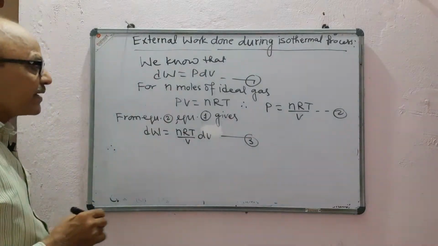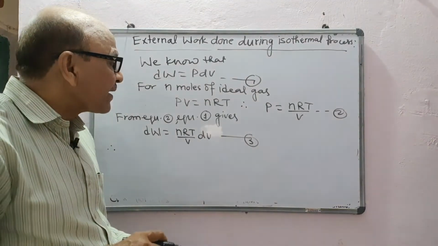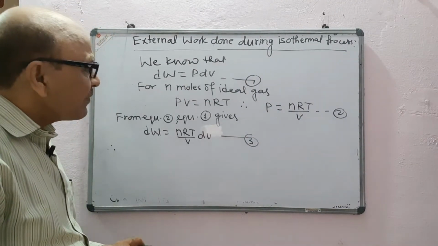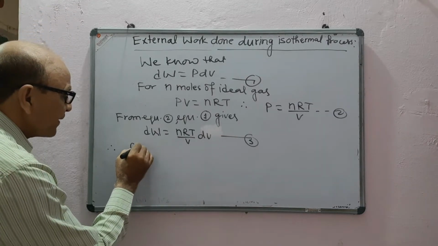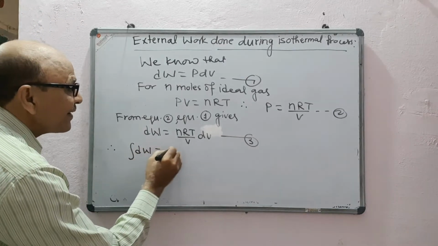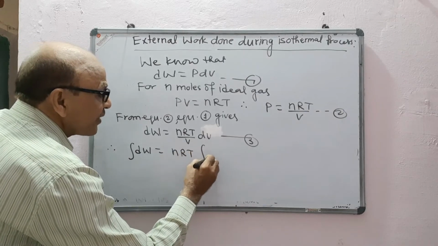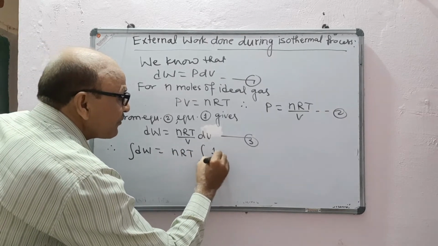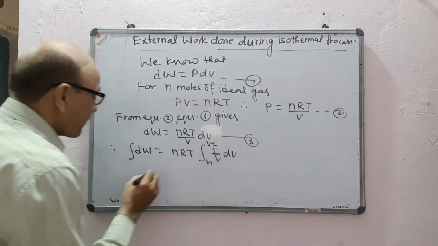Therefore, total work done will be the integration of equation 3 from volume V1 to V2. That is, W will be equal to, here nRT being constant can be taken out of integral, 1 upon V dV from V1 to V2.